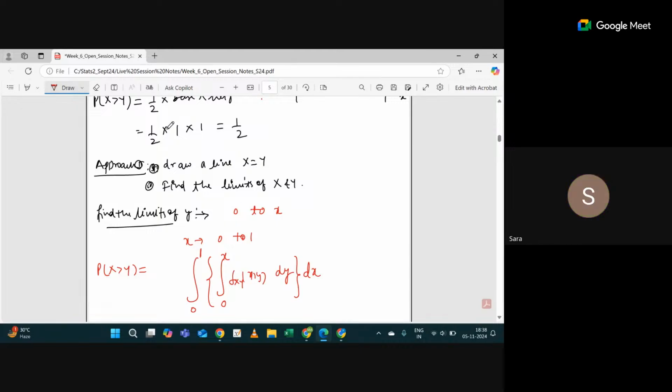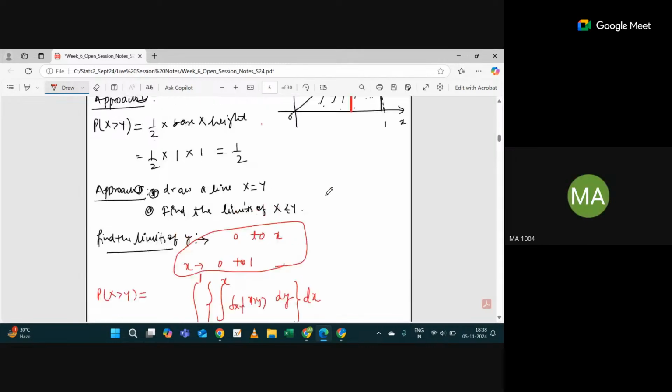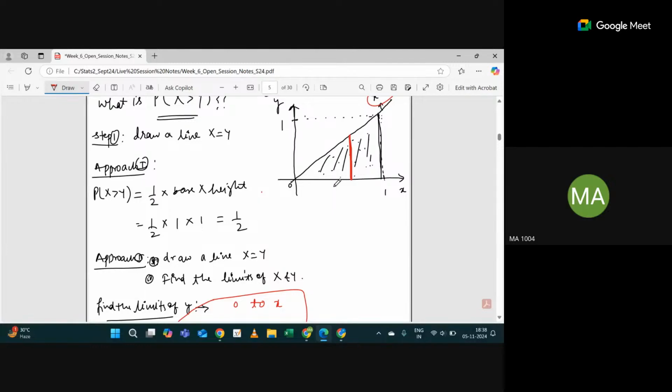Can you explain that limit part again? Limit of y, yes. You can start with finding the limit of y first, or else with respect to x. If I want to find the limit with respect to y, then I will draw a parallel line, you can say a parallel strip, to the y-axis in the region where we are interested.